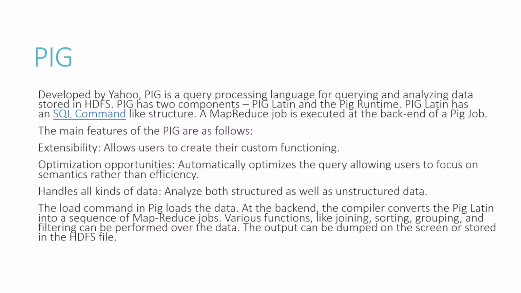If you say it's a comma separated file and it has 5 columns, and you load it into a 5-column table, it will take the first column and put it in the first column that you have in the create table statement. So you'll have that structure to it. Similarly in Pig, you can structure it and then load it into a structured file using a load command. At the back end, the compiler converts the Pig Latin into multiple MapReduce jobs.